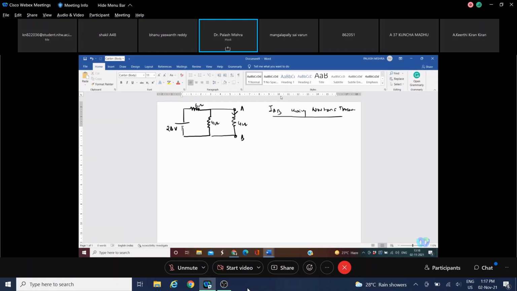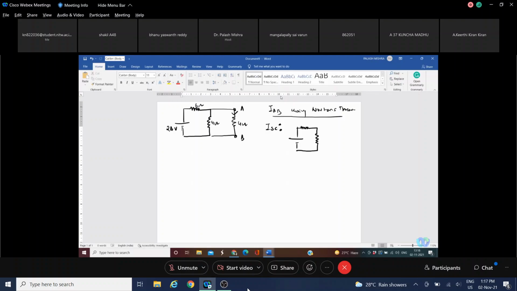So please find out what is the value of ISC in this one and let me know. So for finding ISC, what you have to do, you have to short circuit the terminal. So this is there. This one is here.